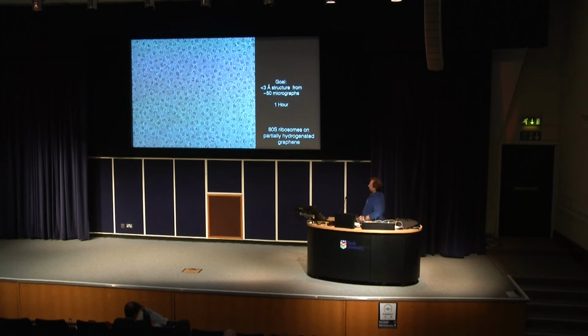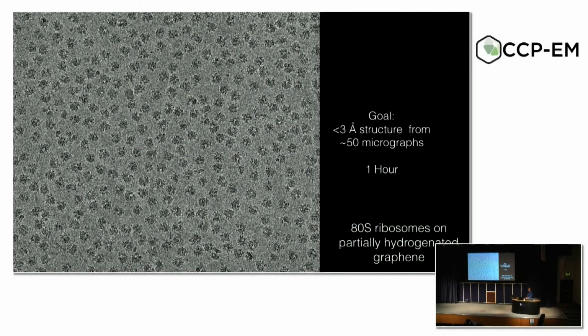Our rough idea right now, which is not really new, but it's getting more and more accurate since Richard's prediction many years ago, is that we should be able to take a handful of micrographs, say 50 micrographs of a ribosome like this, and get a 3 angstrom structure, no problem, right? And we're not near this yet. So I think there's a lot of room to go. And so why do I think that?